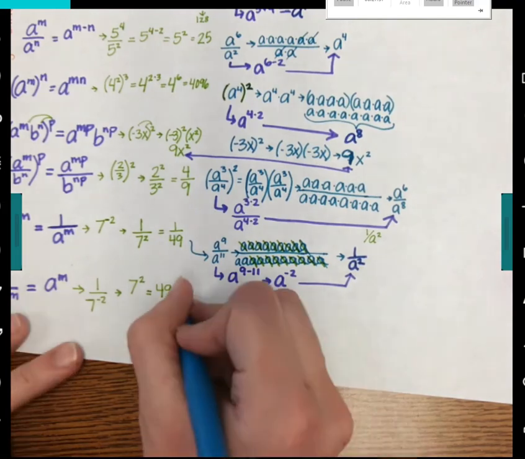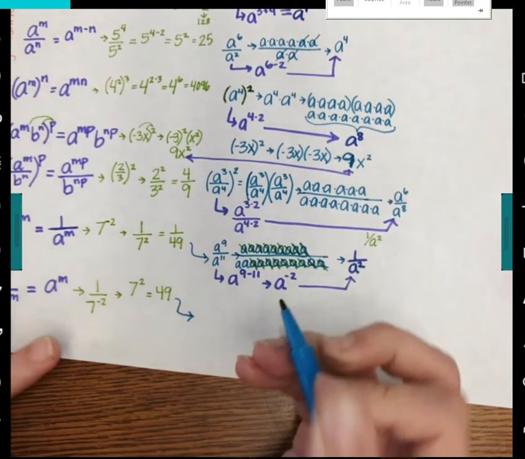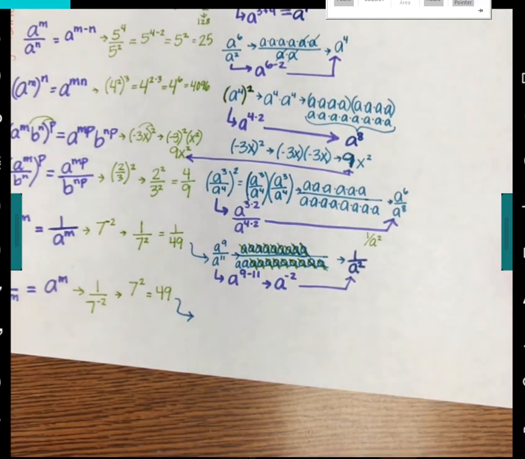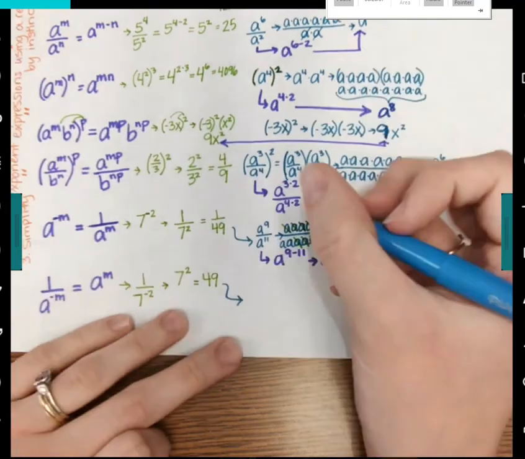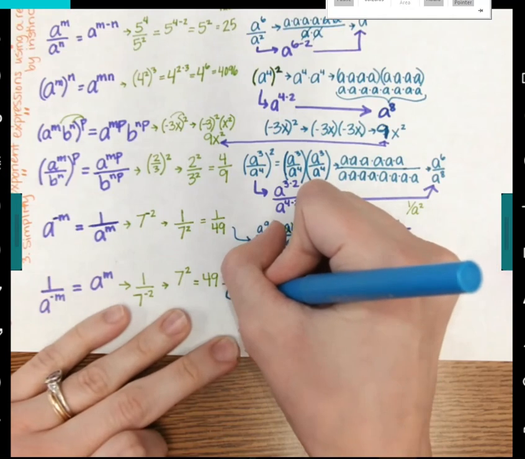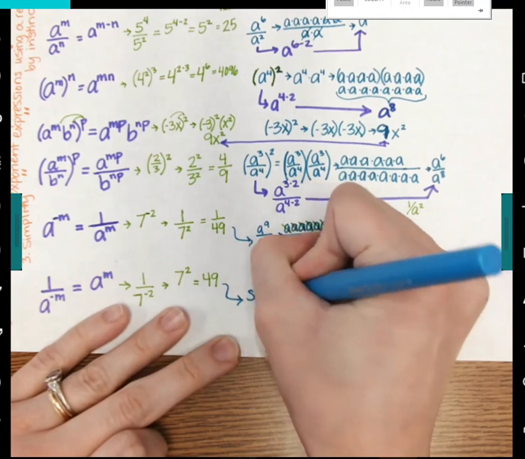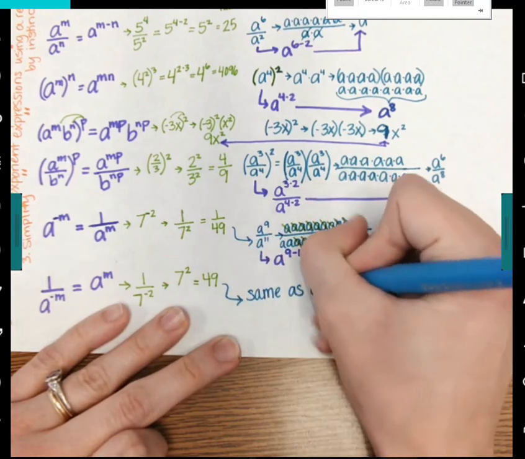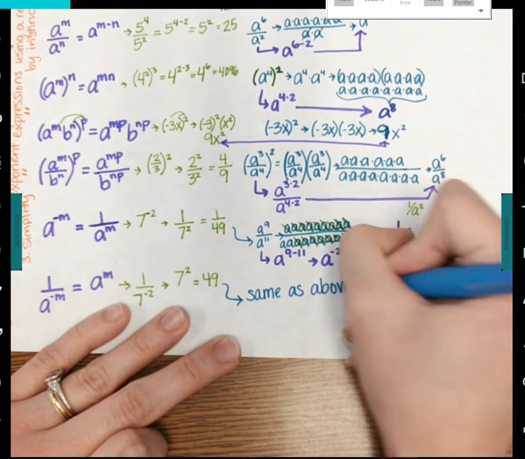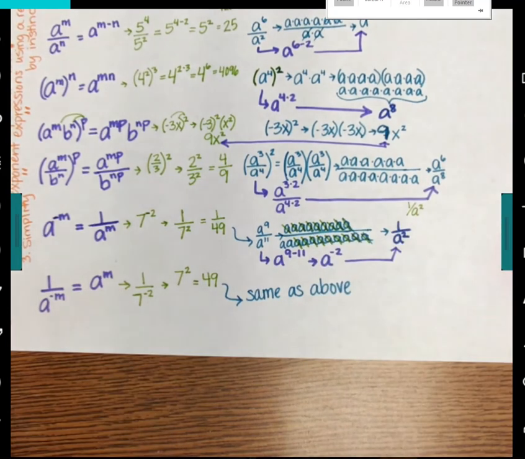And last but not least, it's the same thing again. So, actually, let me just write 2 things. Same as above. For your example, please take a moment, make sure you have everything copied down that you need to have copied down.